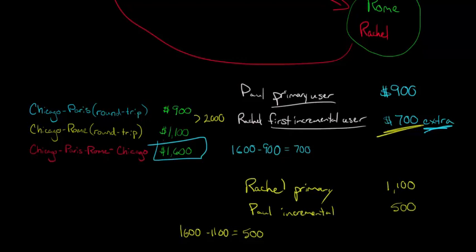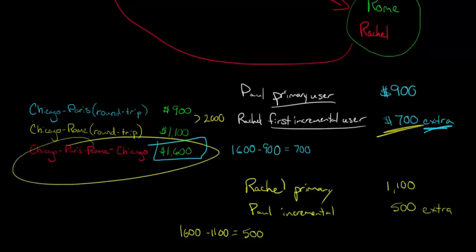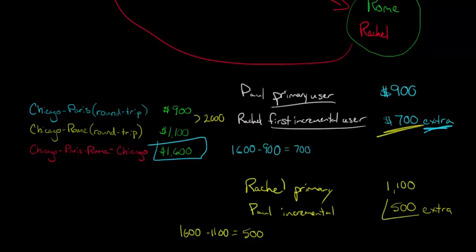Now this is different. Now we're assuming Rachel is the primary user, so she gets charged that 1100 because you figure, hey, we're going to visit Rachel no matter what. So if we do decide to do this extra thing where we change the ticket so that we also go see Paul, then it's going to be an extra $500.